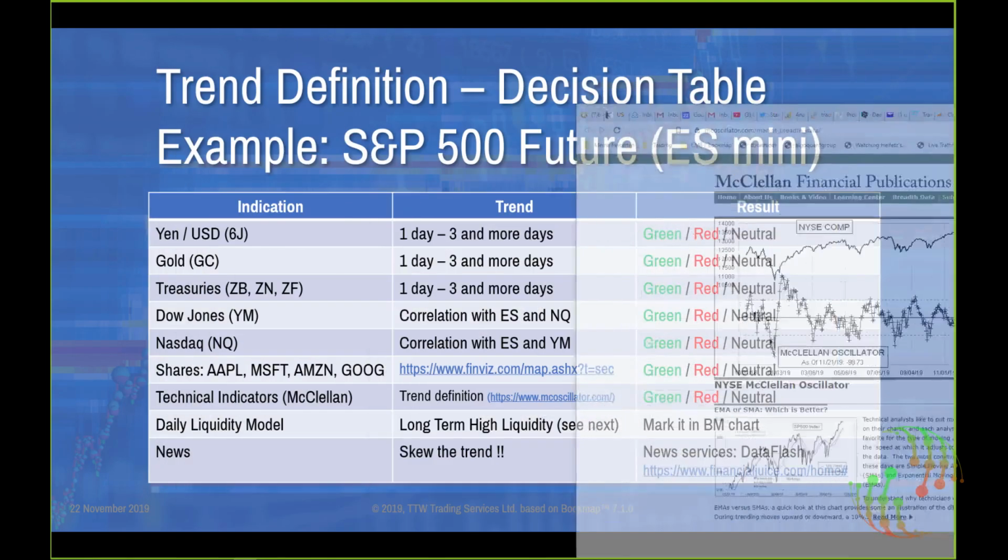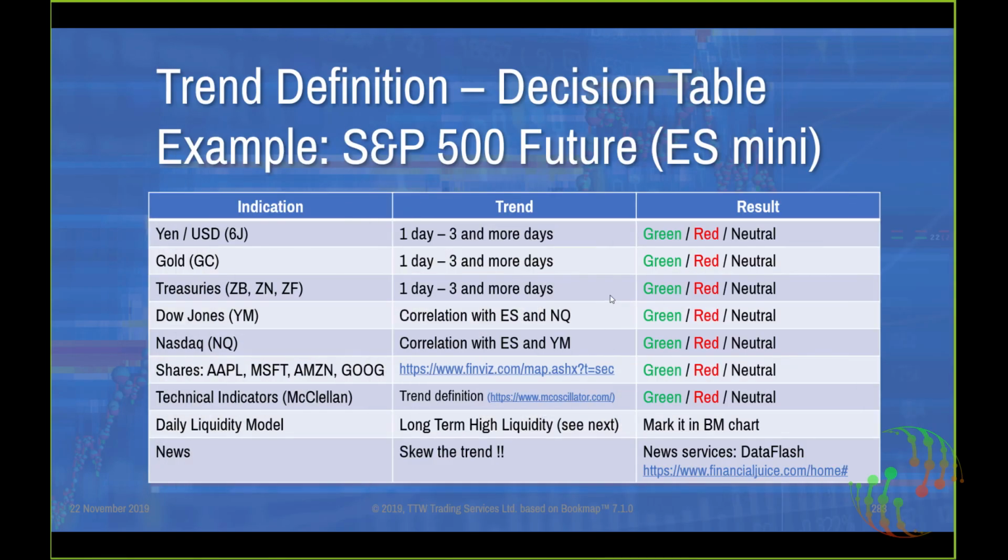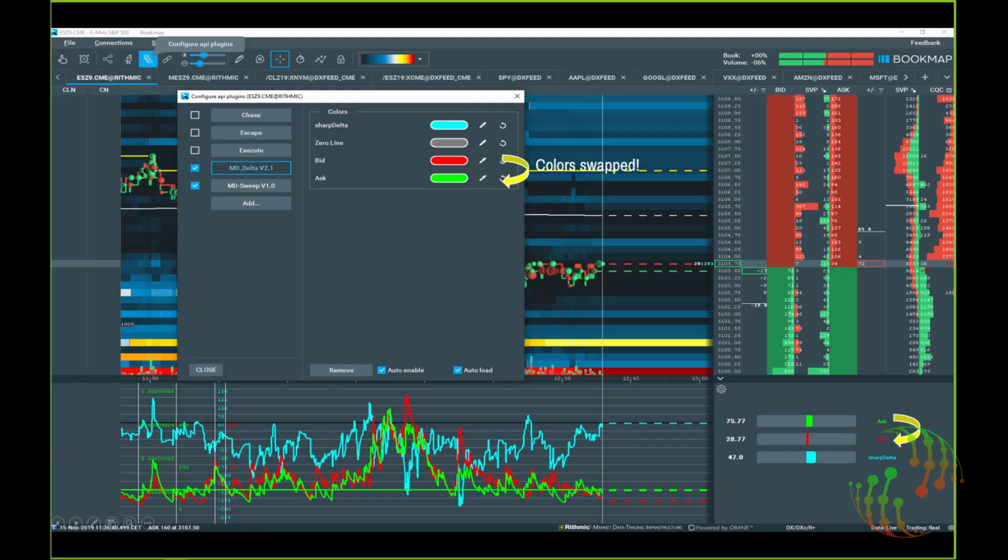So what we see overall in the preparation of our daily trading is that the ES is weak. We have more chances for downside than for the upside at the moment. And please think about that news can skew the trend. If anything happens, all this what we have on our chart and our decision table is past.